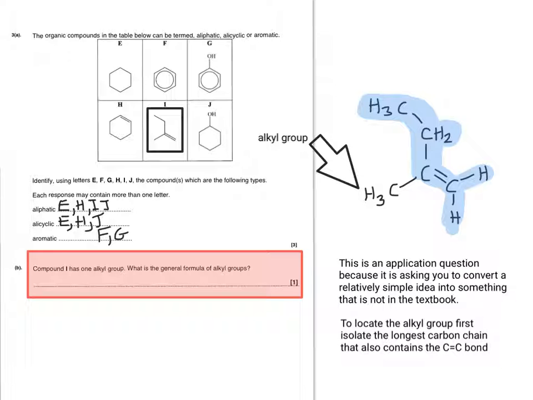That means the CH3 must be the alkyl group they're talking about. Because it's CH3 and the number of carbons is 1, if n is 1, 2n plus 1 gives you 3, so it's CnH2n+1. A little bit of deduction there.